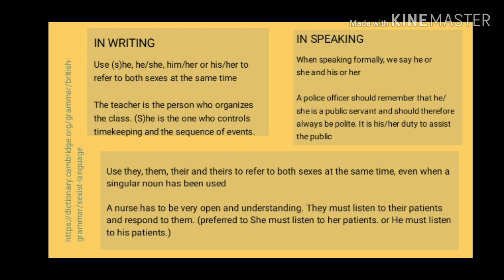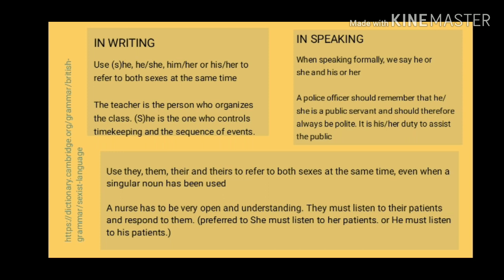Like in the example, a police officer should remember that she or he is a public servant and should therefore always be polite. It is his or her duty to assist the public. So we can use both he or she.